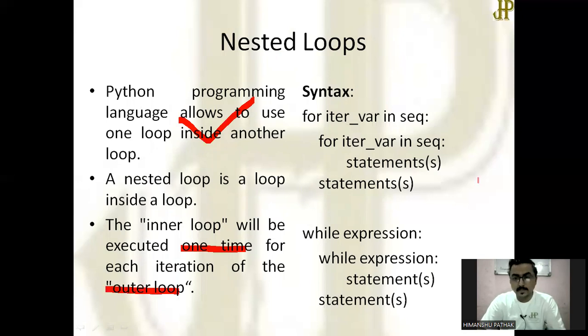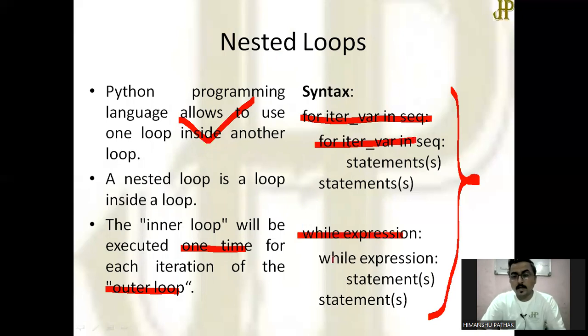These are the syntax for for as well as for while. For this is the outer loop, this is the inner loop. Same here: this is the outer while and this is the inner while. This statement is part of the inner loop and this statement is part of the outer loop. Okay.